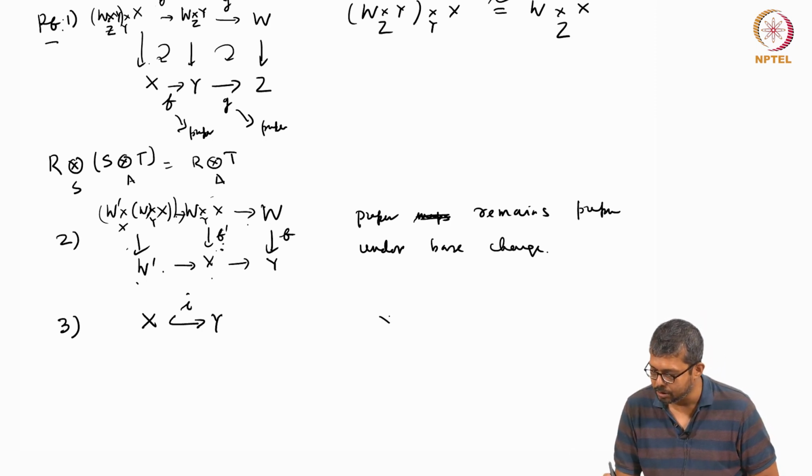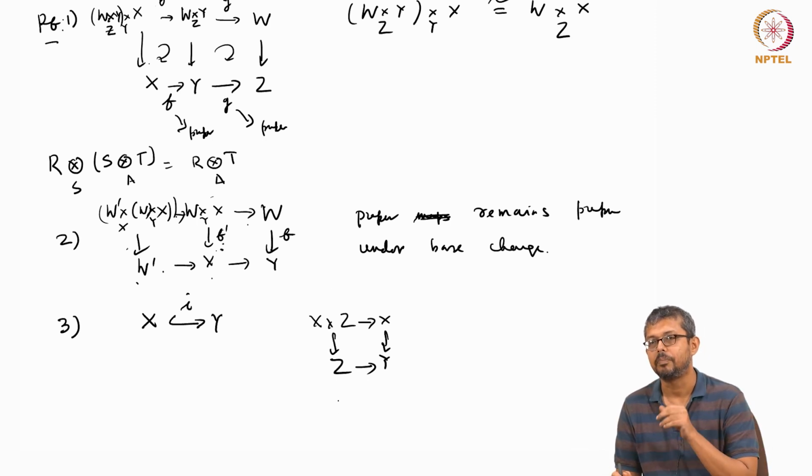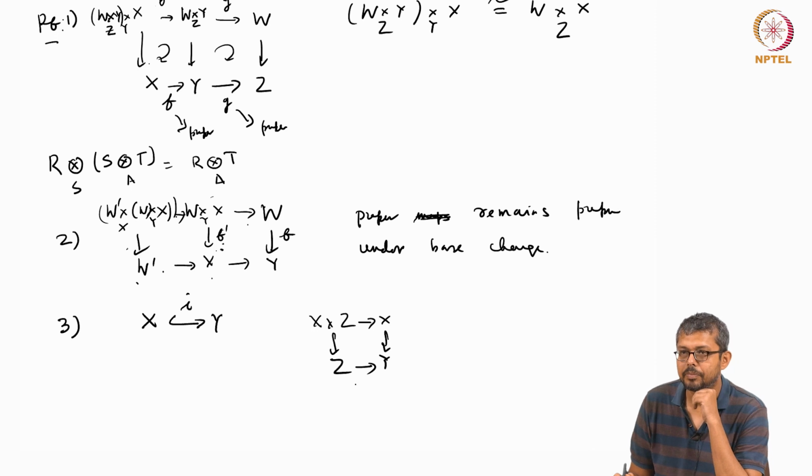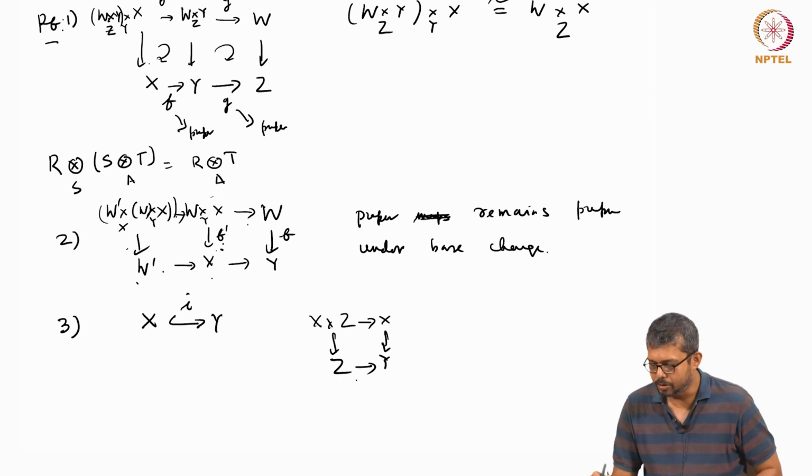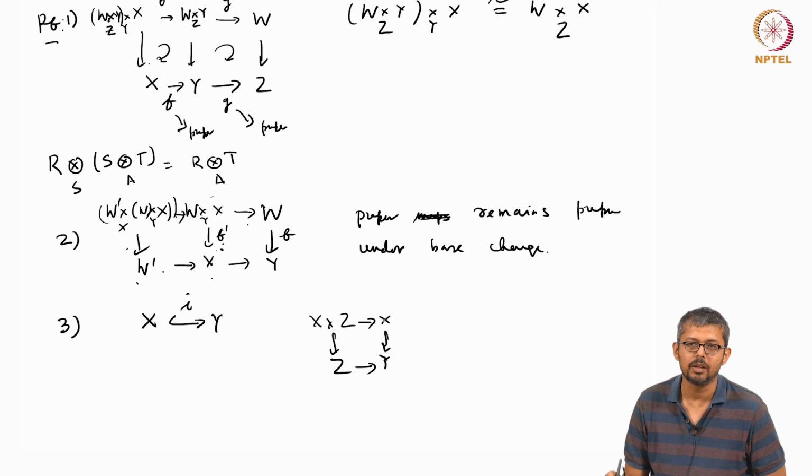If something is a closed immersion and if you have a map from z to y, then x cross z to z is also a closed immersion, right? You see, at the ring level it is true. So, closed immersion means it is surjective. So, it is true. So, that will say that closed immersions are proper. This is closed.